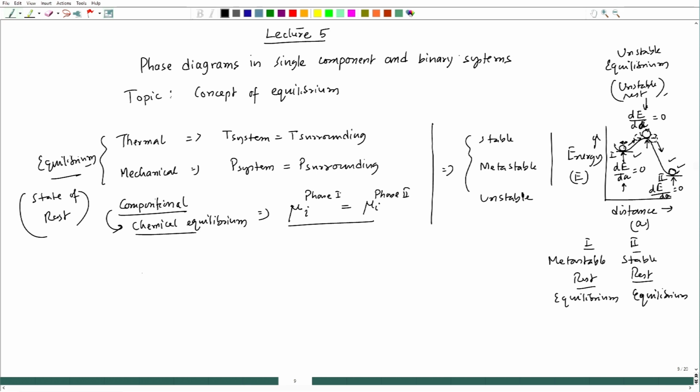Fine. Now, when we talk about these systems, we have to consider one more situation. That is called internal energy. Now, we are gradually getting into energy. So, internal energy in thermodynamics is termed as U, okay.